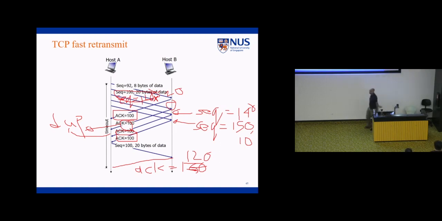In real life, most TCP implementations will keep out-of-sequence packets. The standard doesn't say anything. Your receiver gets an out-of-sequence packet. Should you keep it? Should you not keep it? You wrote the code. It's up to you. And most code, if you look at any Ubuntu stack or Windows stack, keeps out-of-sequence packets. So in this case, you will not have to retransmit them.